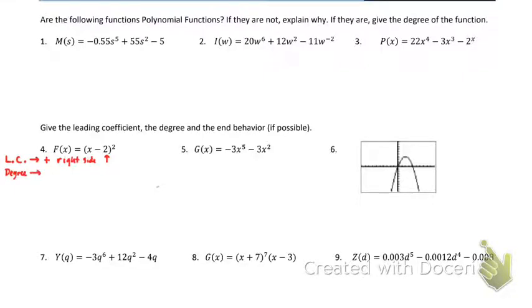If you look at your equation, the degree is 2. That's the only exponent in here. The highest power we're going to have is 2. This is actually in factor form, so when it's in factor form, we have to add all the exponents. But in this case, there's only 1, so it's a power of 2. So my degree is even.